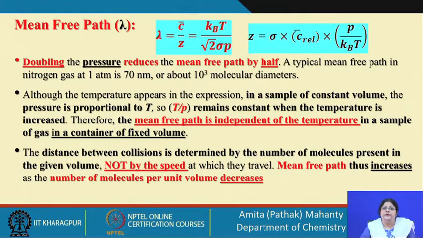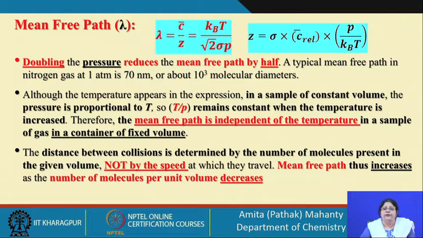Although temperature appears in the expression, if you see, in a sample of constant volume, suppose the total container is fixed, the pressure is going to be directly proportional to T. You have the ideal gas laws.